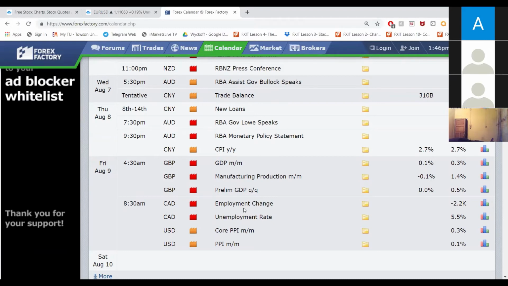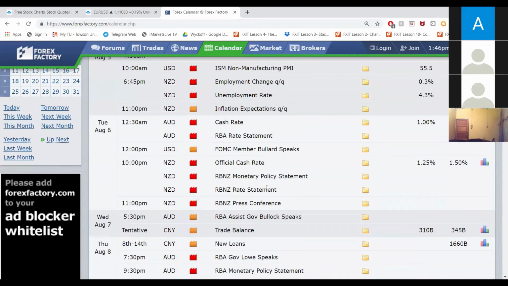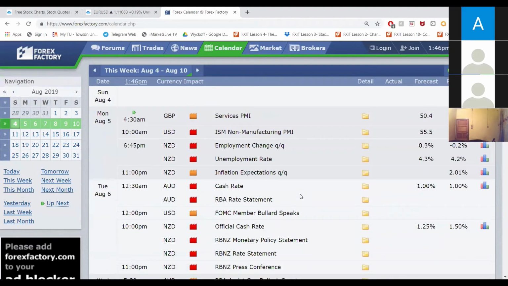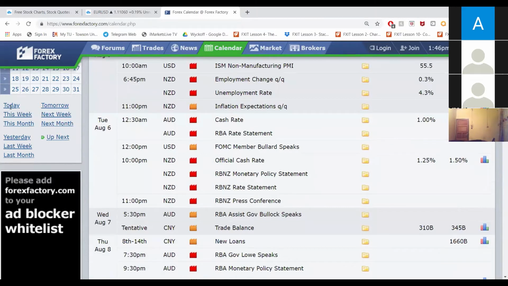And for the CAD, you can do USD CAD, Euro CAD, and GBP CAD, if you really want to trade news, because that will be a strong move. But that's as far as I go, if I decide to trade news.